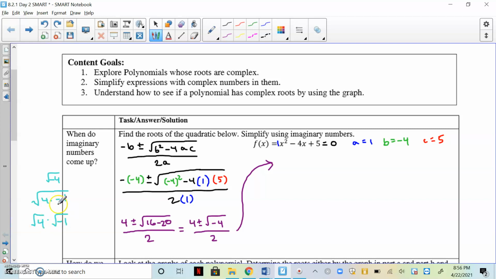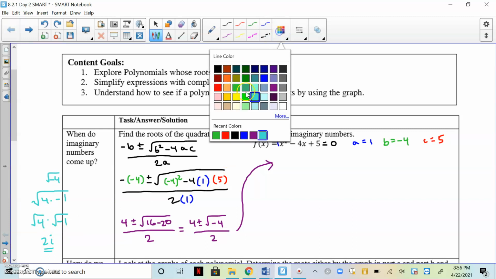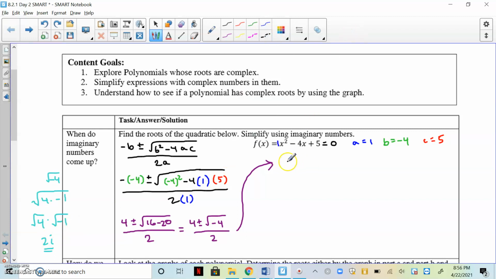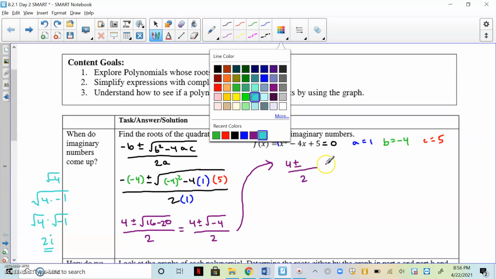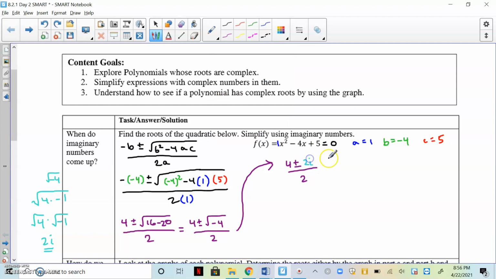That's just how radicals work. Now the square root of 4 you know is 2, and the square root of negative 1, we learned that's called i. So the square root of negative 4 can be simplified to 2i. So that's what we'll use there. So this can simplify to 4 plus or minus 2i over 2. Now we're really close to being done.